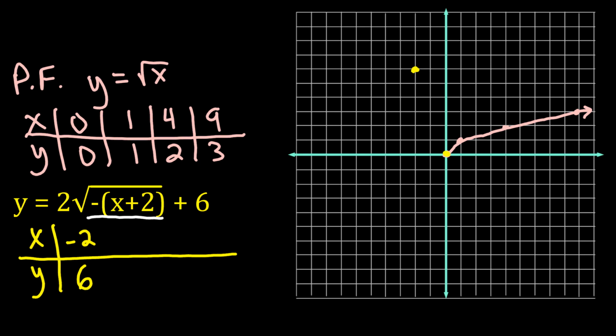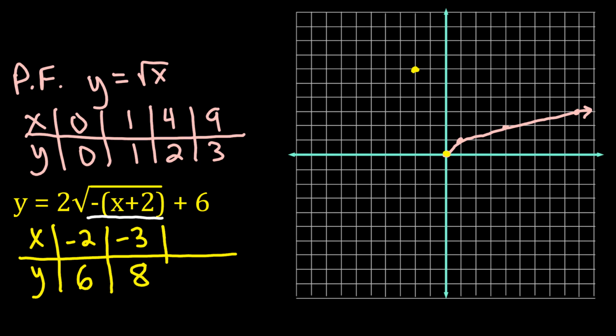And then we're going to have to figure out where does it go from here. And so let's pick some x values. If I put -1 in here, -1 plus 2 is 1, but then this makes it negative, and then we're dealing with some imaginary numbers. So I'm going to go to -3, because -3 plus 2 is -1, and negative -1 is +1. Square root of that is 1, times 2 is 2, plus 6 is 8.